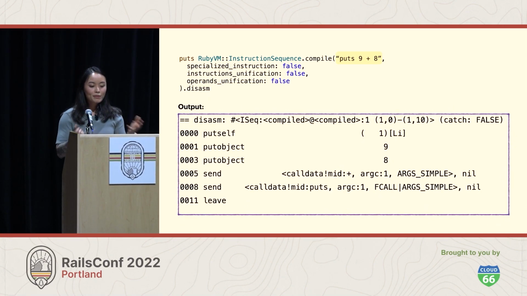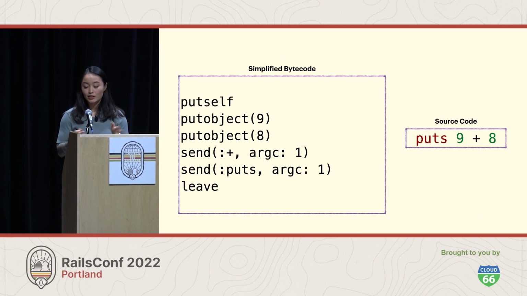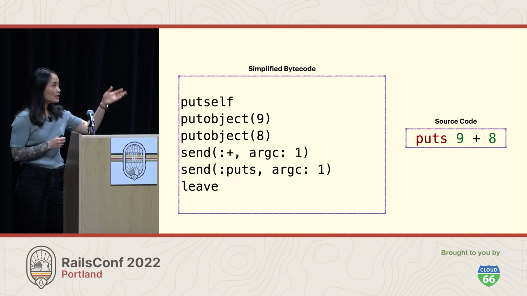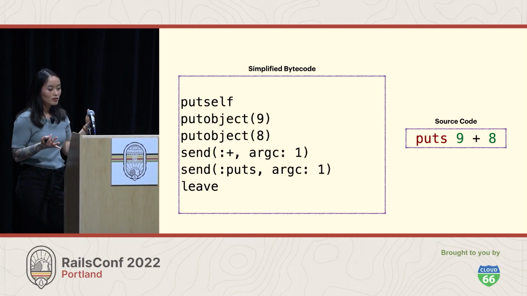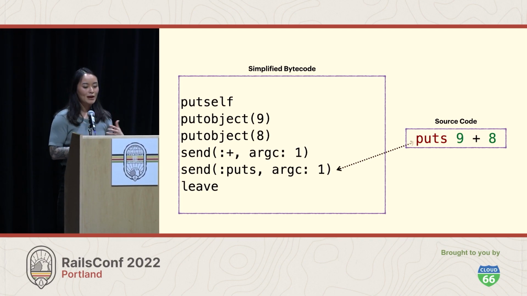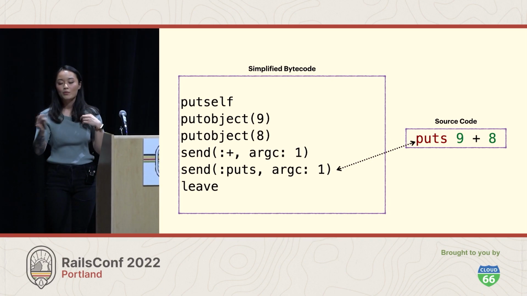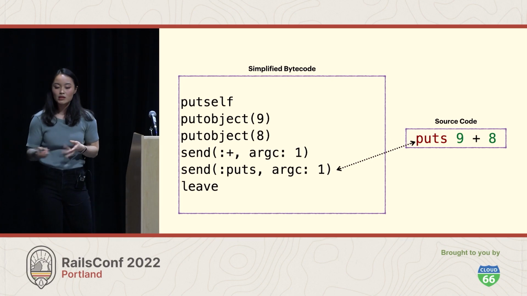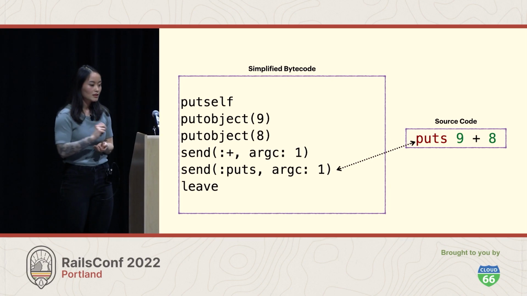I simplified it, so it's just easier to read. But you can see that each instruction looks like a method call, which is kind of how the VM sees it. You can also visually map the bytecode to the source code. So for example, the send puts command can be mapped to puts, and send plus is like the plus method.